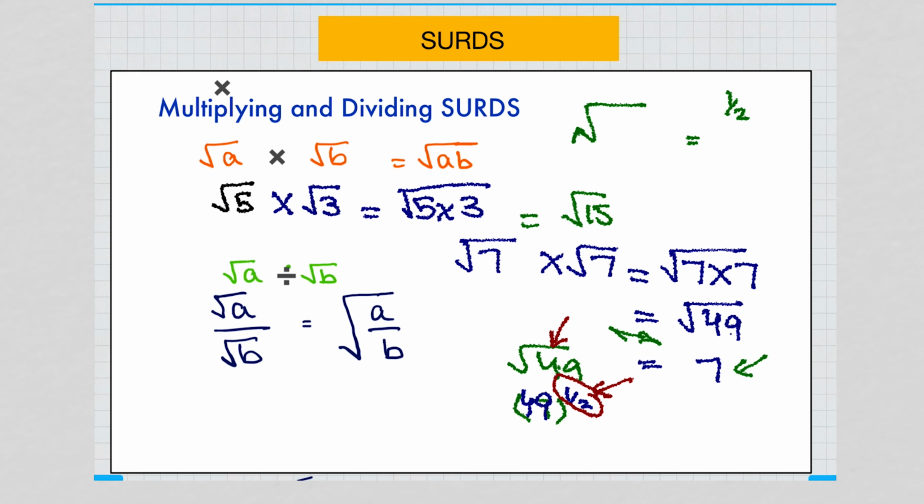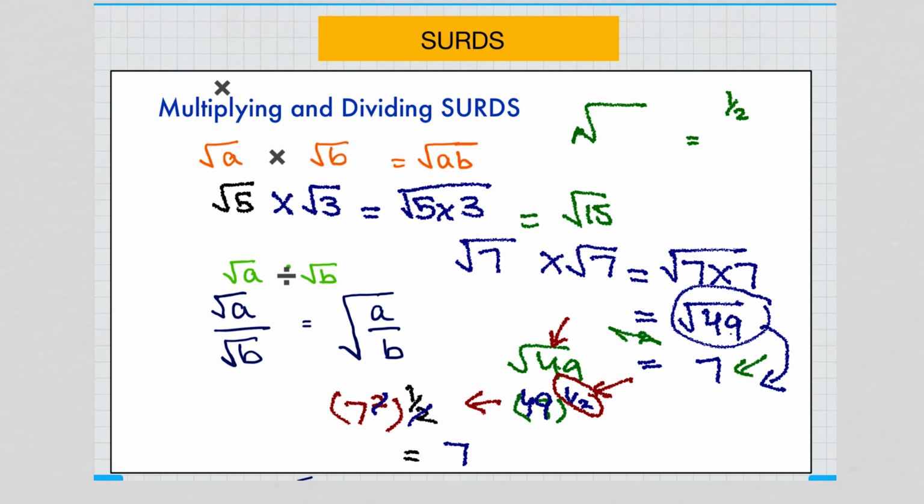Then we can simplify from there. 49 I can write as 7 squared, and then the half. Next step, we can cancel 2 and 2, which gives us 7 as an answer. So that's how you get from root 49 to 7. All that is just an explanation of how we get from root 49 to 7.